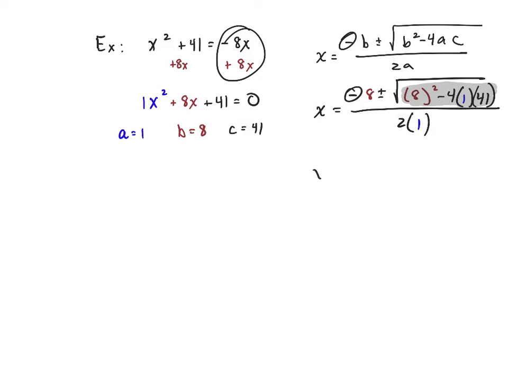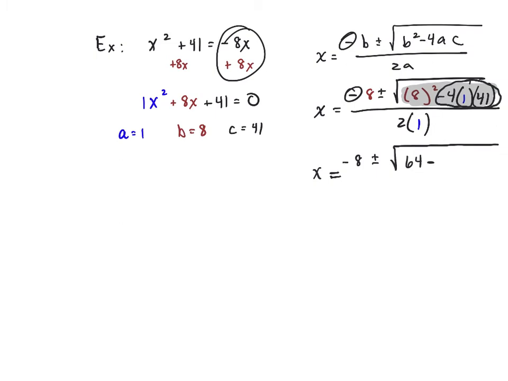So let's go ahead and evaluate that. And in case we don't have a calculator because of testing restrictions, it just works like this. You square the 8. Then you do this multiplication, negative times a positive times a positive. So that's going to be a negative. And what is that?